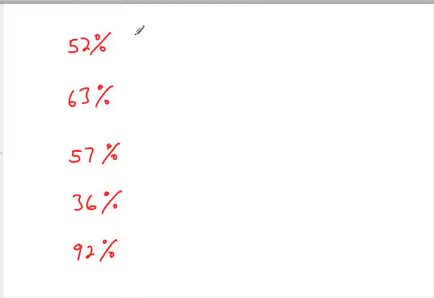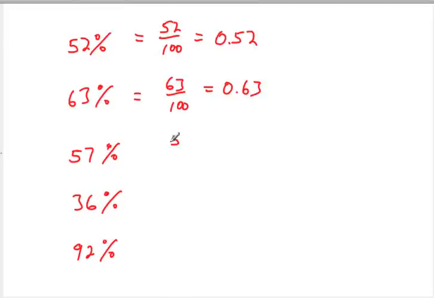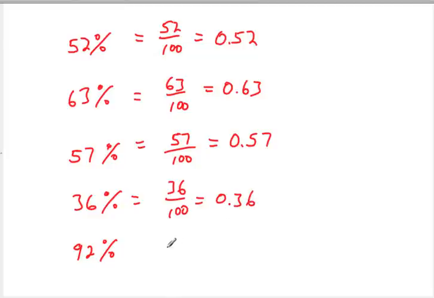If you were to use a calculator and do 52 divided by 100, you would get 0.52. And 63 over 100 equals 0.63. And 57 over 100 is 0.57. And 36 over 100 equals 0.36. 92 over 100 equals 0.92.